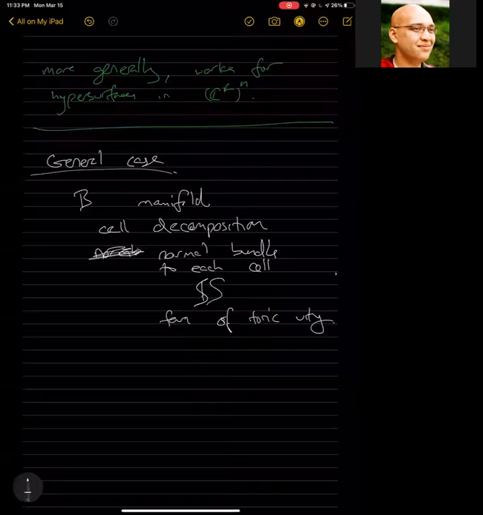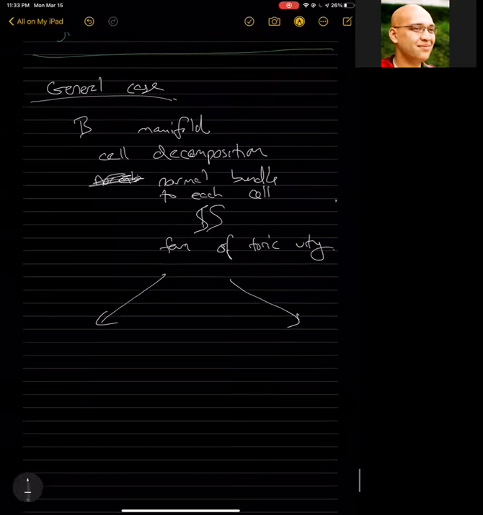And from this data, you can produce two things. One is, well, the normal bundle to each cell is the fan of a toric variety, so you produce a toric variety. And the cells are glued together, so you glue together the toric varieties. You produce somehow a union of toric varieties. And on the other hand, you produce also a symplectic manifold.